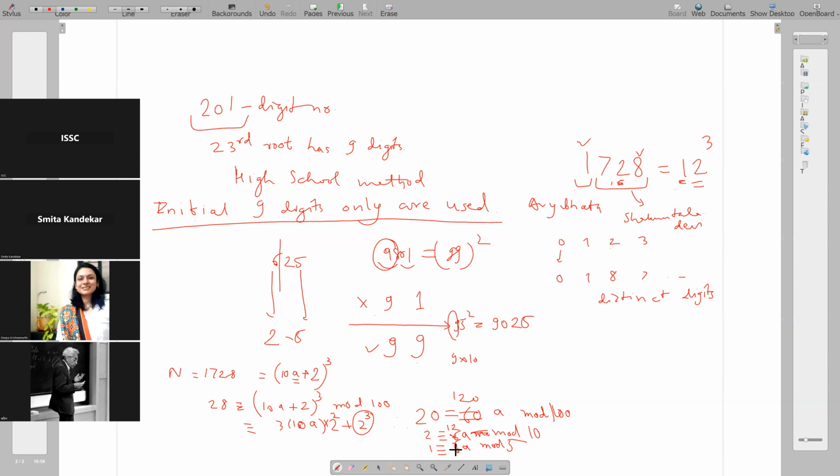So this method works. So basically, the last two digits of the cube root are obtainable from the last 2 digits of the original number. This is quite general. So I can again take a new page.